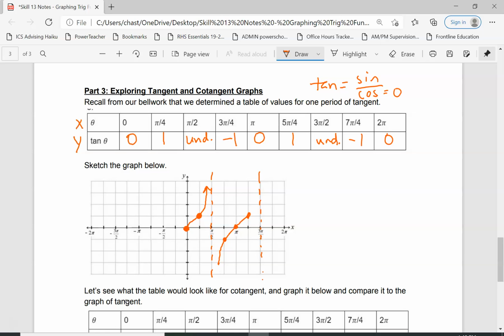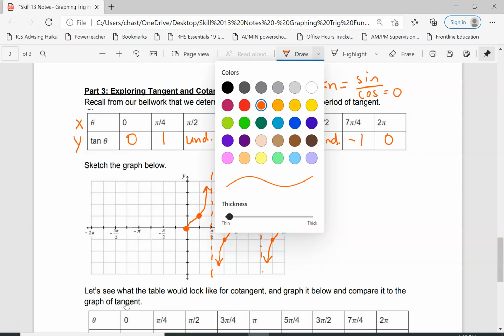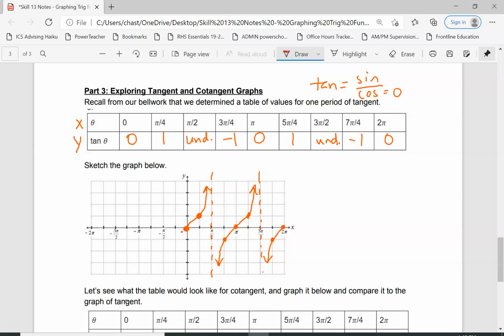I'm getting ahead of myself here. And then 7 pi over 4, 2 pi. And then, of course, we hopefully notice there's always a pattern to these. So we're probably going to have another one that continues over here, and then this would continue on up.